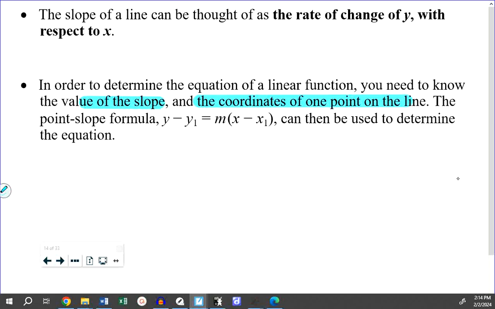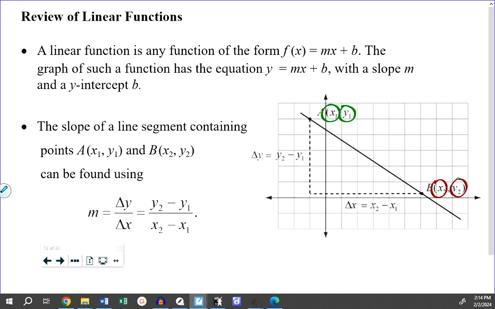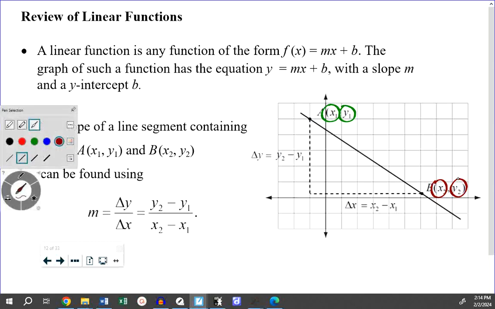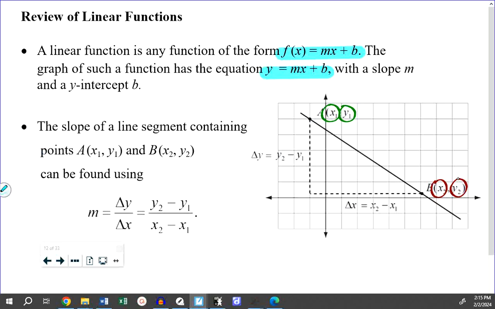And this is a little awkward, I get this, because I've just gone through explaining that the equation of a linear function is this. And the graph of the linear function has this equation. And that's how we characterize something as being linear, but that's not the equation we're going to end up using.